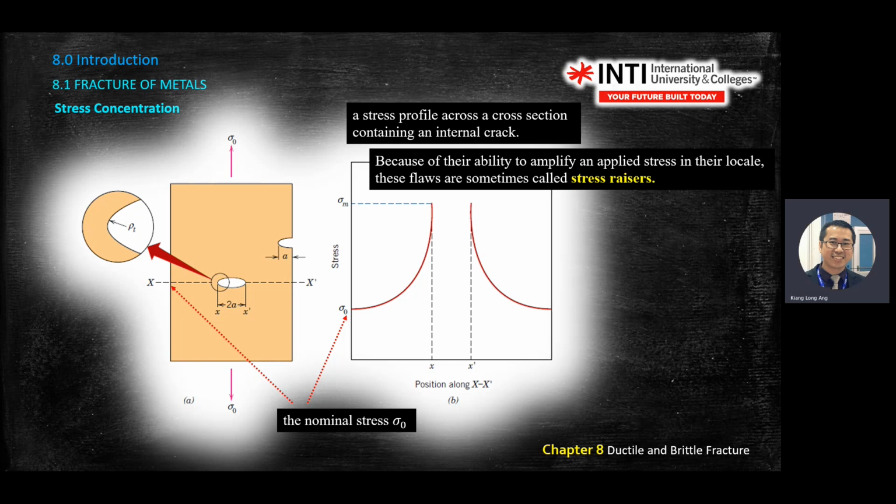The rest I already explained. The area of high stress here, we call it a stress raiser. The defect area, we call it a stress raiser. They will raise the stress at that area.